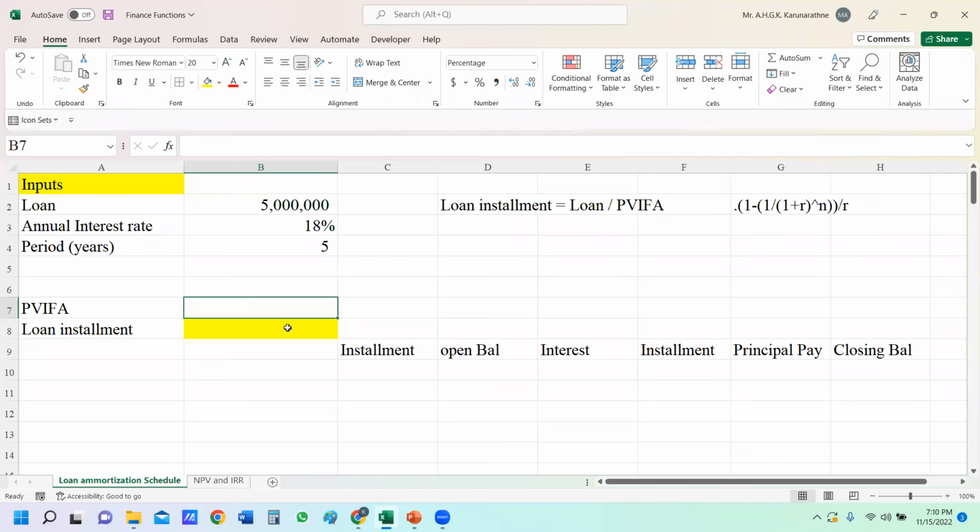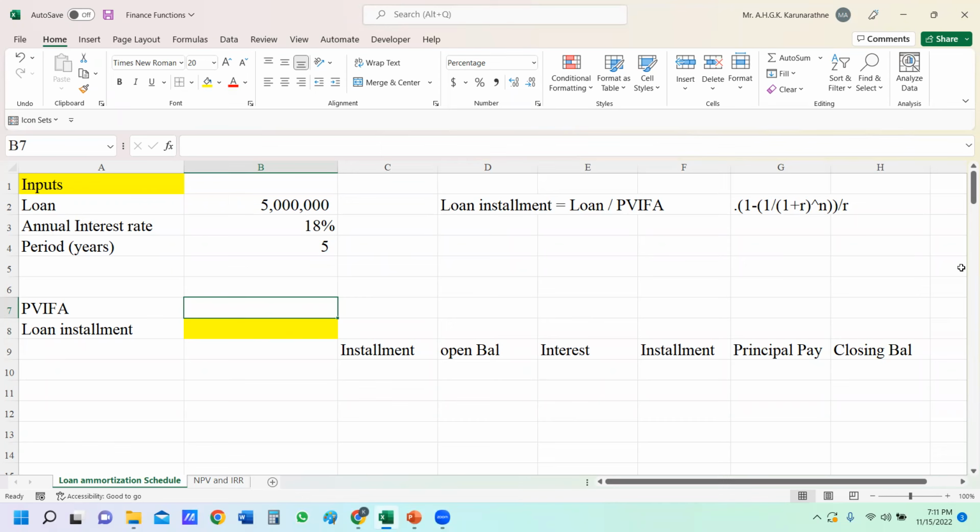Now we are going to prepare this loan amortization schedule without using Excel inbuilt formulas. We'll discuss later how to use the Excel formulas to compute the loan installment. This is just to refresh your previous knowledge.